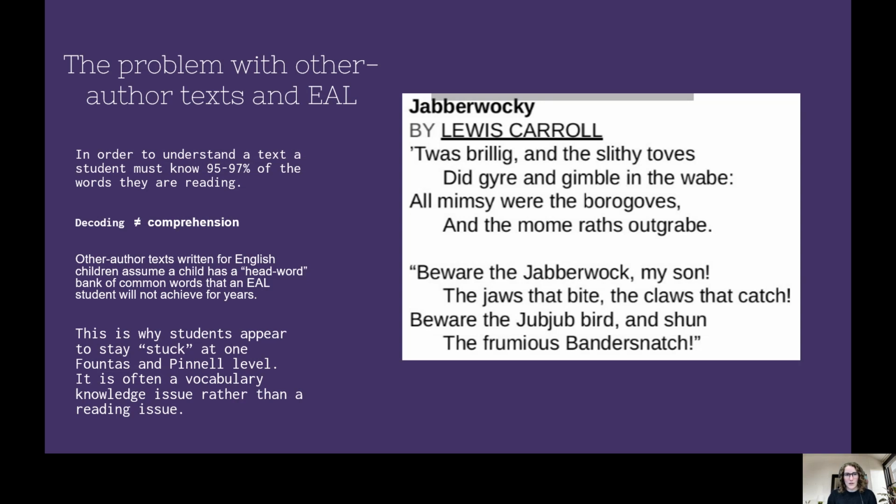We have no oral language background for these words. So decoding does not equal comprehension. So sometimes a student will seem like they're really stuck at one Fountas and Pinnell level, but it's often the vocabulary knowledge that's holding them back. It actually has nothing to do with their fluency, with their cognitive ability, with their ability to decode. It's just that they don't have this vocabulary knowledge.